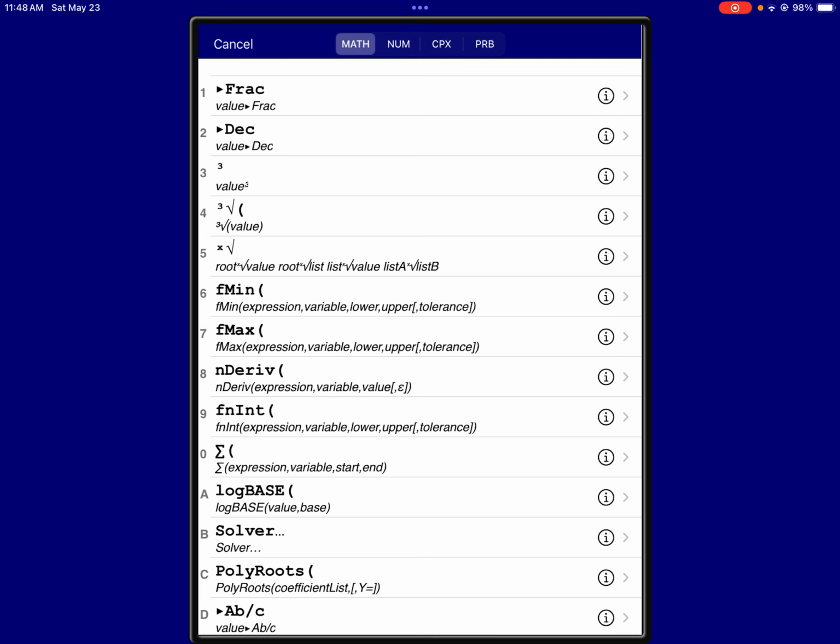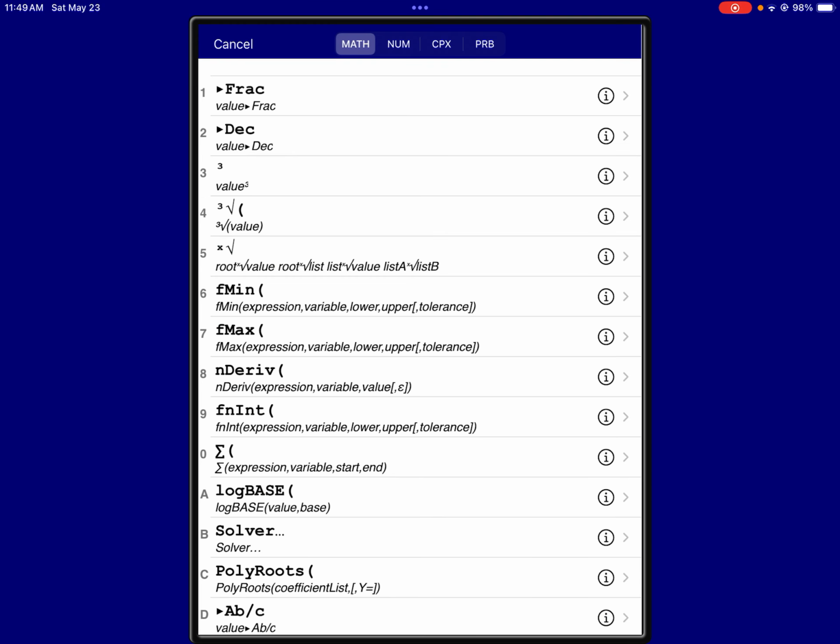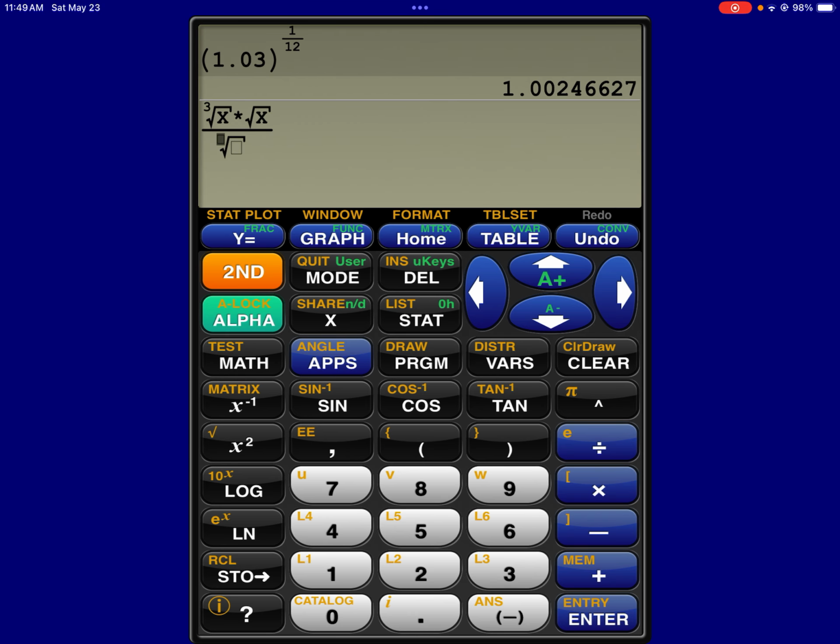I'm going to press math. I'm going to have the third root of x times just the square root of x over the sixth root of x.